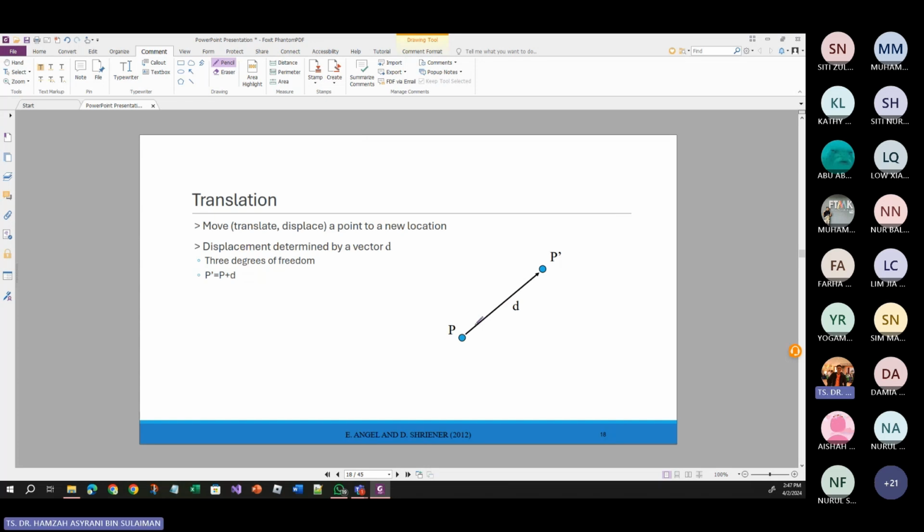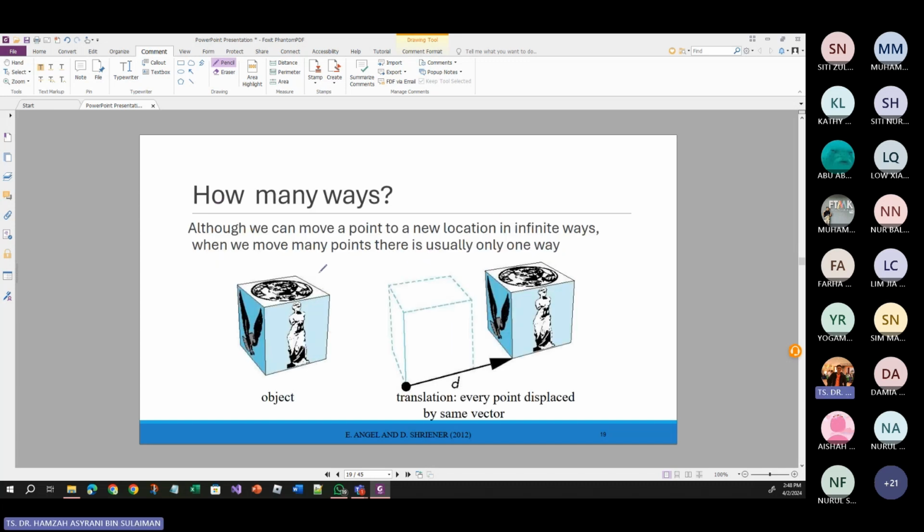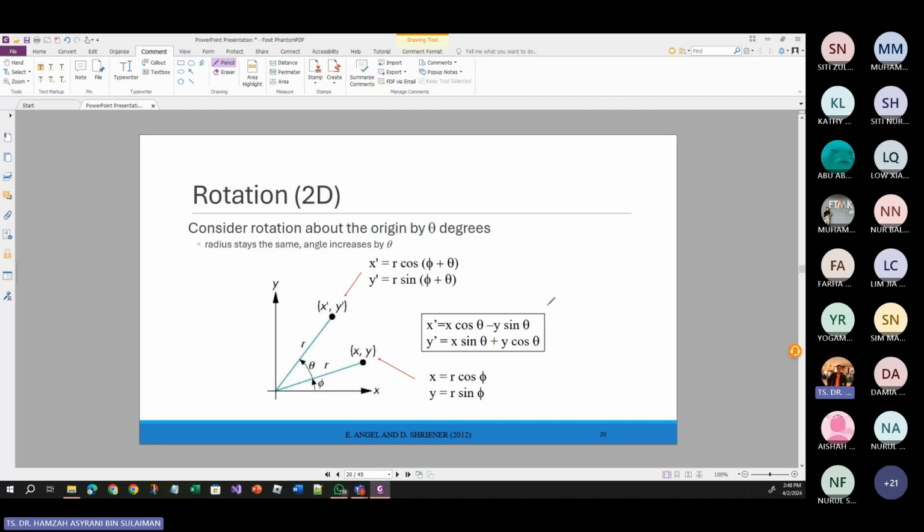Translation is, you guys dah tengok dalam OpenGL kan. Contohnya kita ada satu titik P, kita move to the P node. Satu objek kotak ke sini, kita move to satu another objek. So macam ni, kita satu objek, kita buat pakai OpenGL lah. Kemudian kita do some translation to go to the next progression. So juga pakai GL translate kan.